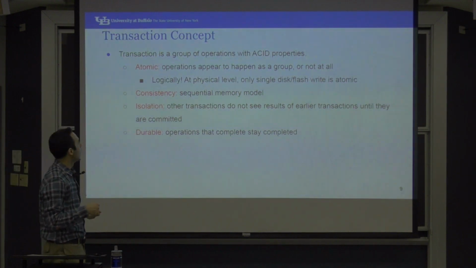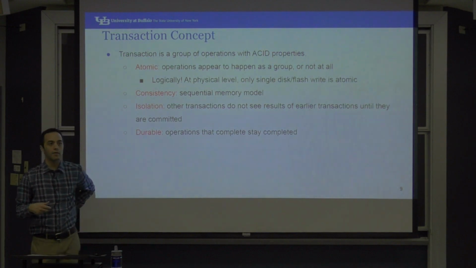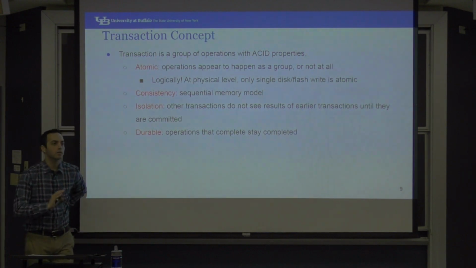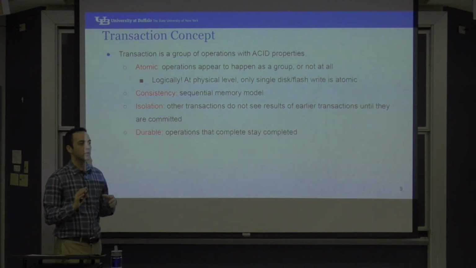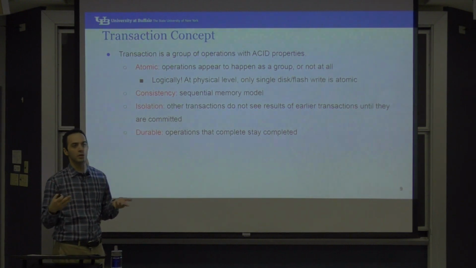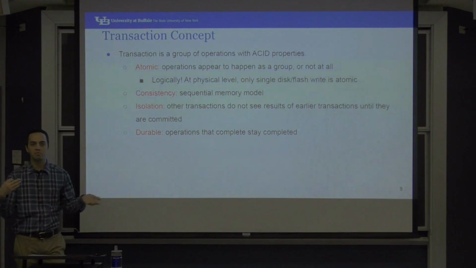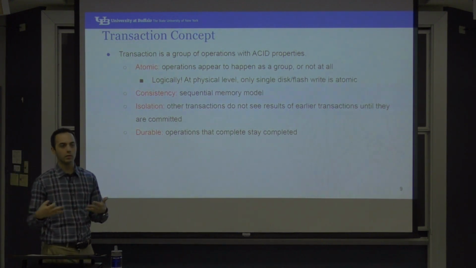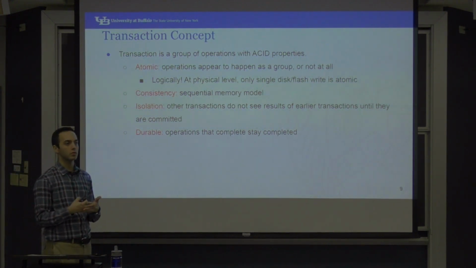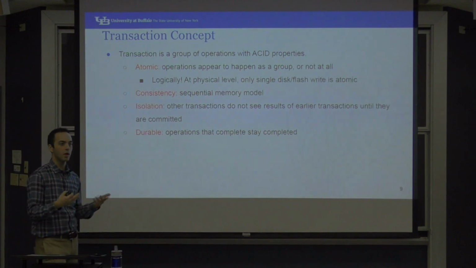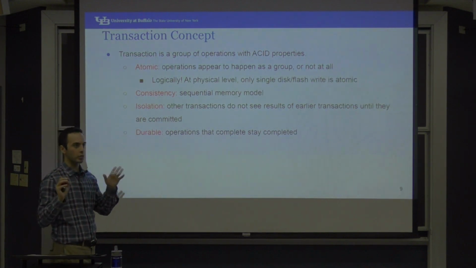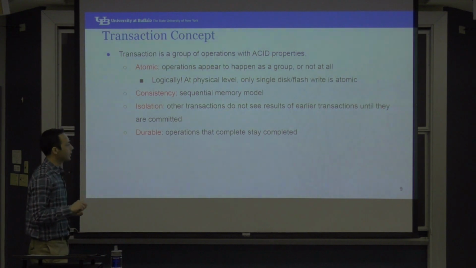You don't want that. Isolation: if you have enough money in your account, obviously, then you don't want these to affect each other. If I'm transferring 100 here, 200 here, they don't need to conflict with each other. They don't need to necessarily see the effect of each other. Again, I'm assuming that you have enough balance. And durable.